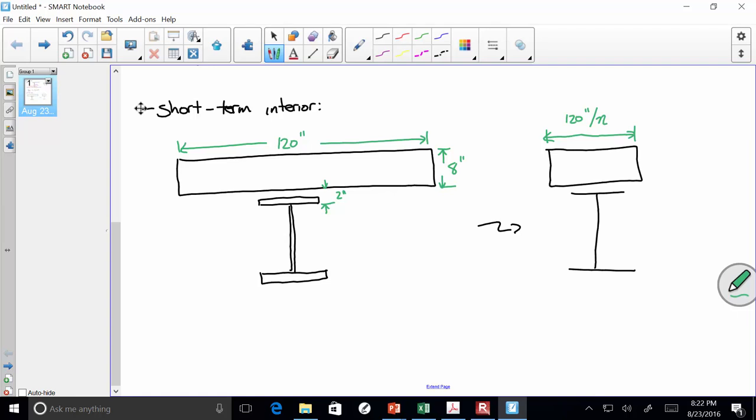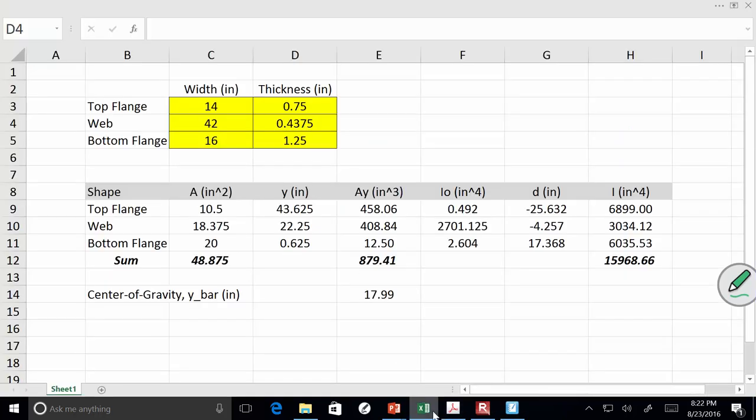Okay. All right. So let's go into Excel. And unfortunately, since we're dealing with a composite section, we're going to need a little bit more input. We're going to need more data to assess. So let's add some stuff. Let's add an effective flange width.